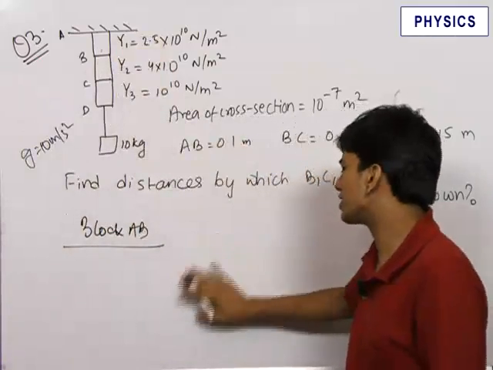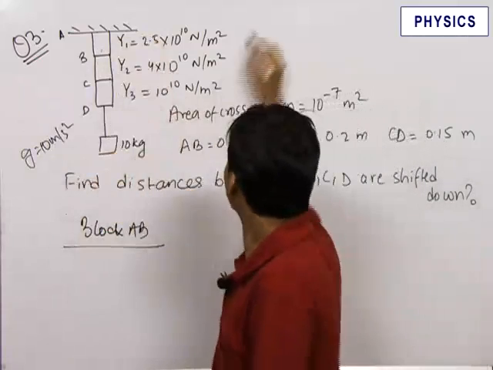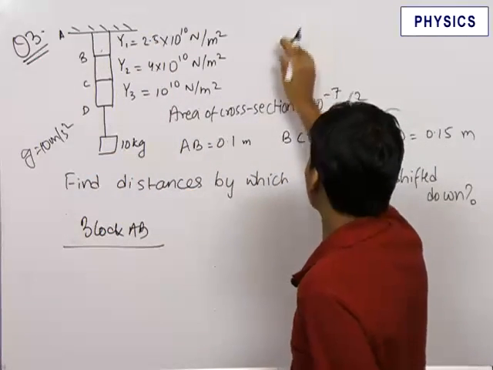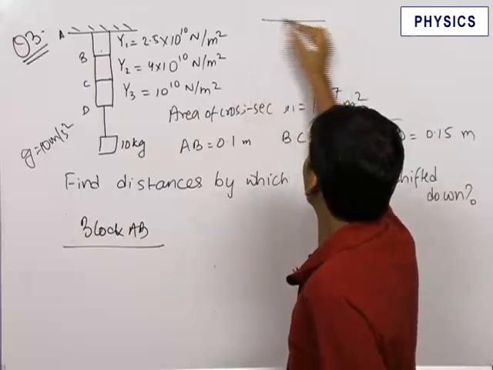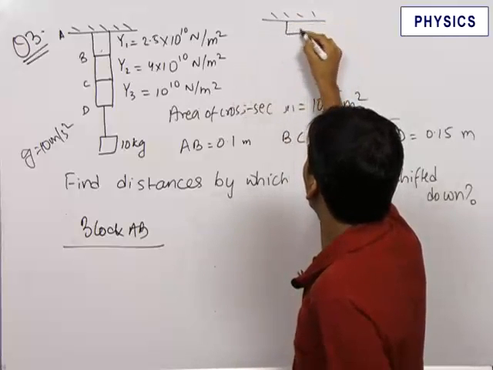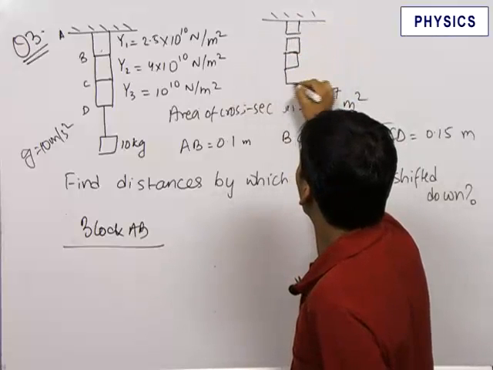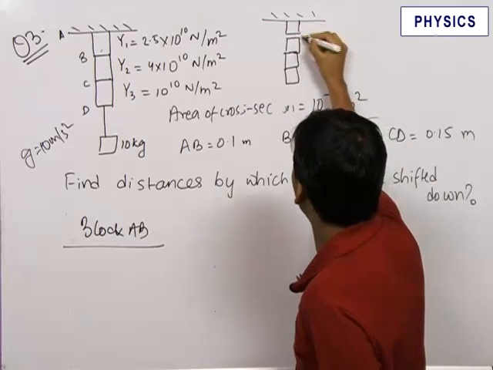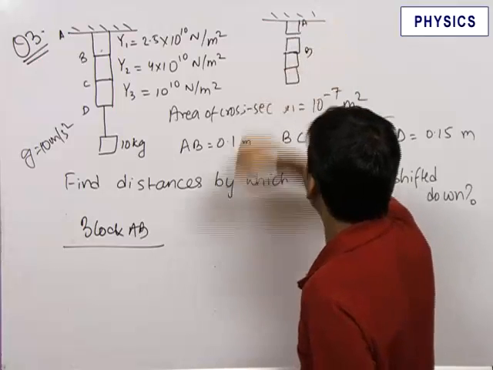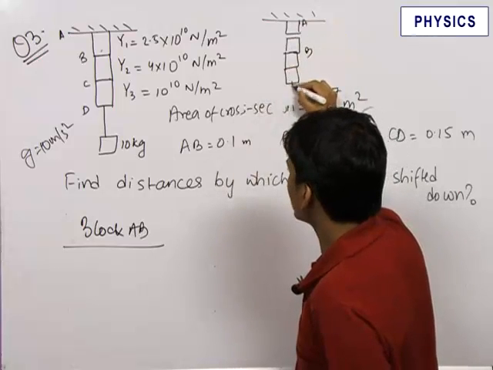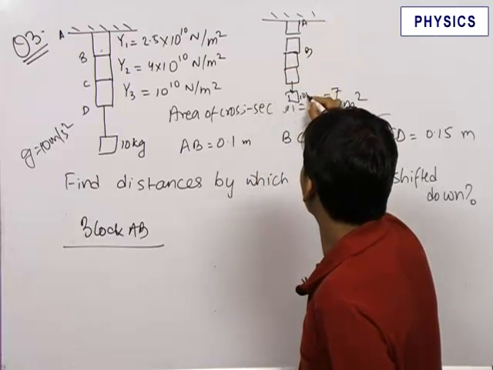So for finding out the stress, we always cut it from middle. Let us cut it here. This is AB cut from between. This was A, this was B, and this was a 10 kg mass here.